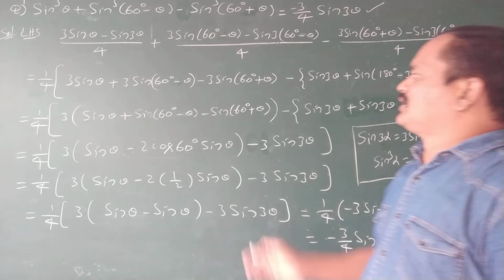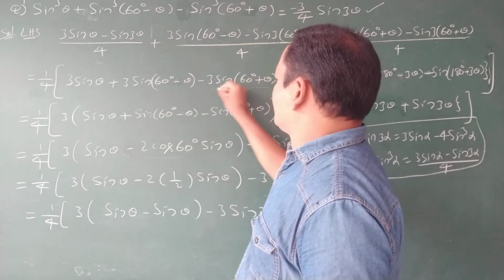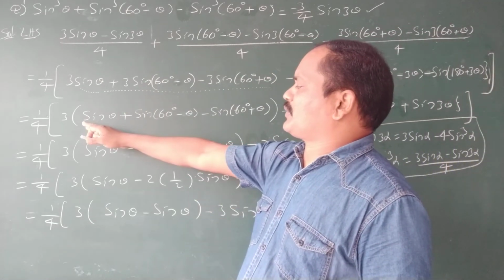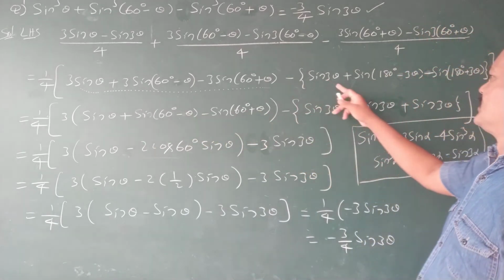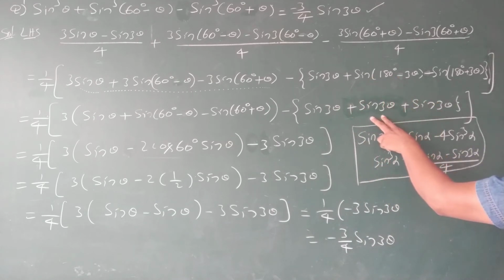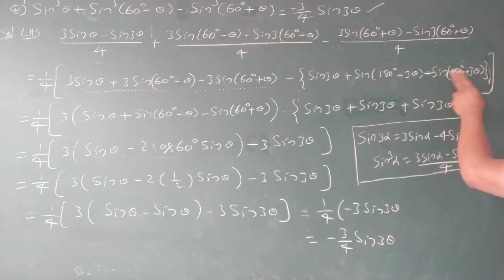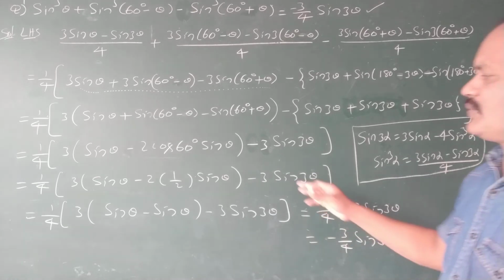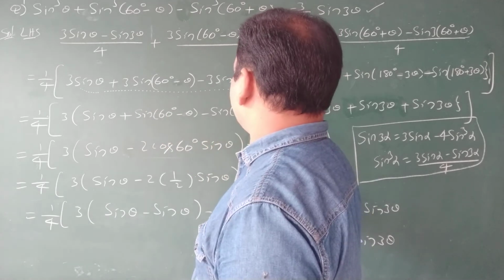Now take 3 common from these 3 terms, then 1 by 4 into 3 times (sin theta, sin (60 minus theta) minus sin (60 plus theta)). Sin (180 minus 3 theta) is nothing but sin 3 theta, and minus sin (180 plus 3 theta): in the third quadrant the sign is negative, so minus minus plus gives sin 3 theta.